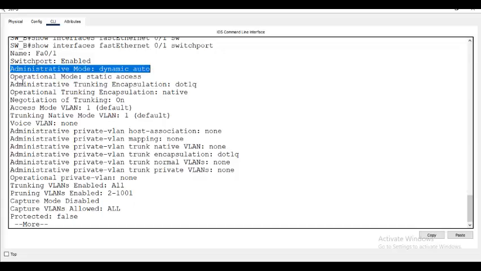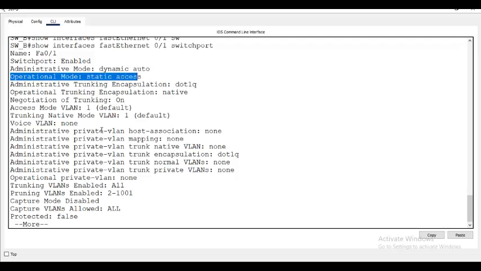That's syntax. Don't care about it. Ignore it. It is access, meaning it is a part of a single VLAN. It's a part of access mode, and VLAN is one, part of a single VLAN. It is in access. Administrative mode is auto.